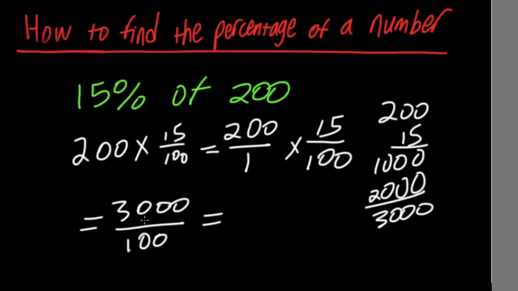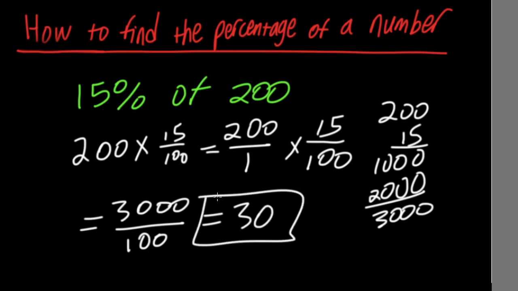And 3,000 over 100 is the same as 30. So 15% of 200 is 30.